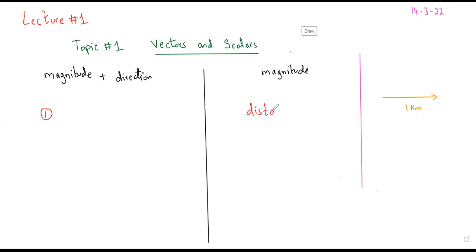Distance is just the magnitude without direction, and displacement is magnitude plus direction. Okay, I'll explain these, don't worry. Then the second type is speed. We are used to talking about speed, but if we talk about the direction as well, that would be velocity.